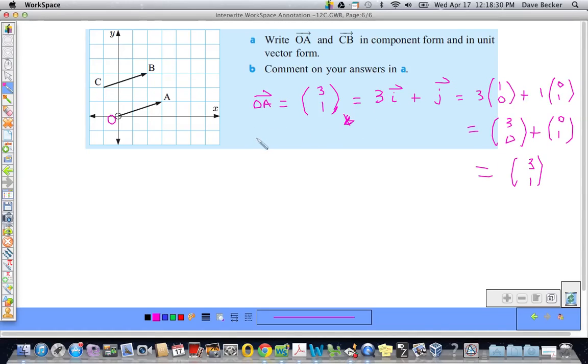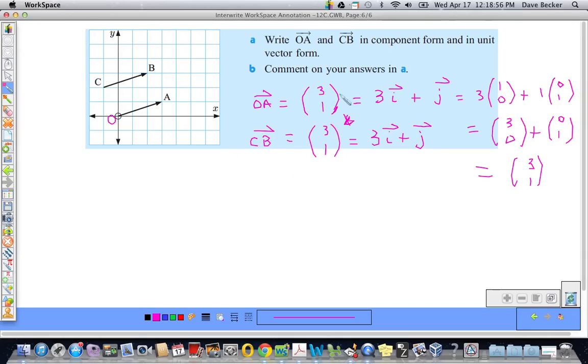So for CB, that is going to be, let's see, from C to B, 1, 2, 3 units to the right and 1 unit up. Wow, looks familiar, doesn't it? 3i plus j. And part B says, comment on your answers in A. Well, the vectors are equal.